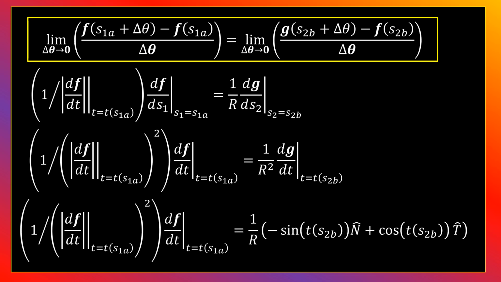So the fact that f of s1a is equal to g of s2b, and f of s1a plus delta theta is equal to g of s2b plus delta theta, and those 2 points lie on our circle, implies this equality where you have the limit as delta theta approaches 0 of this, and the limit as delta theta approaches 0 of that on the right.